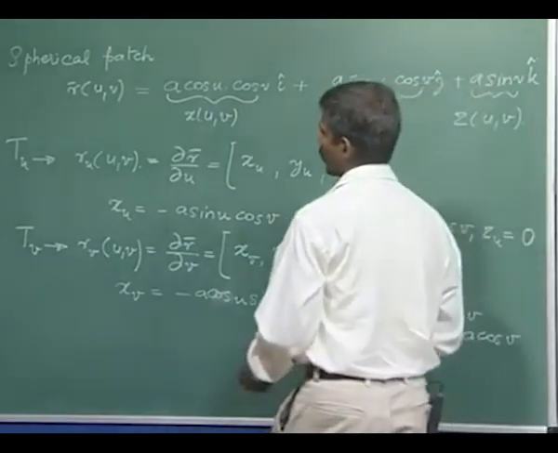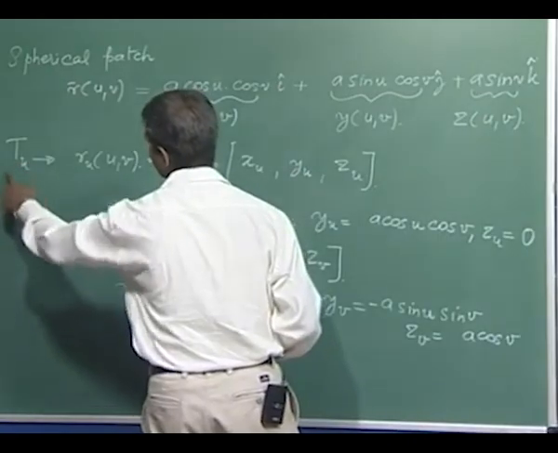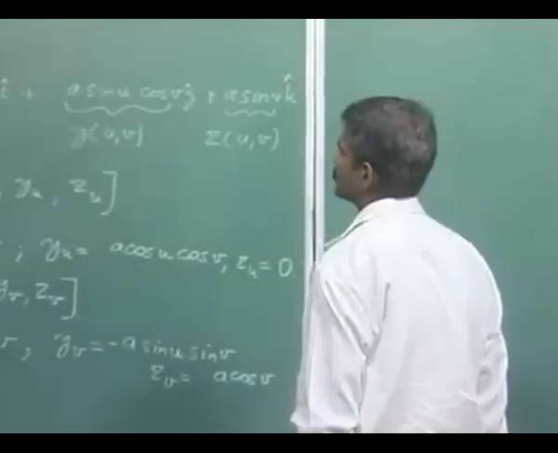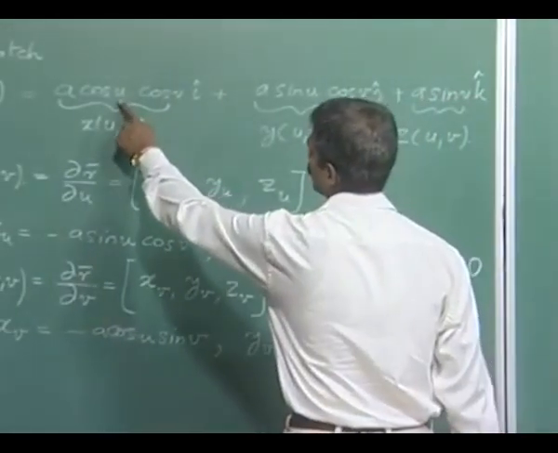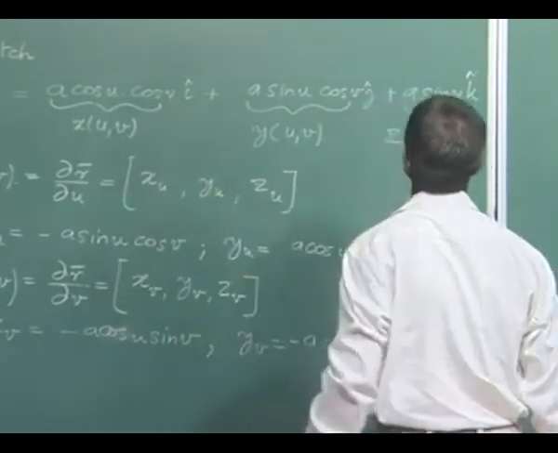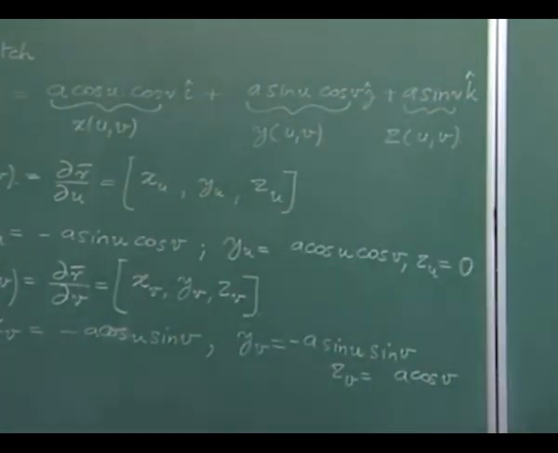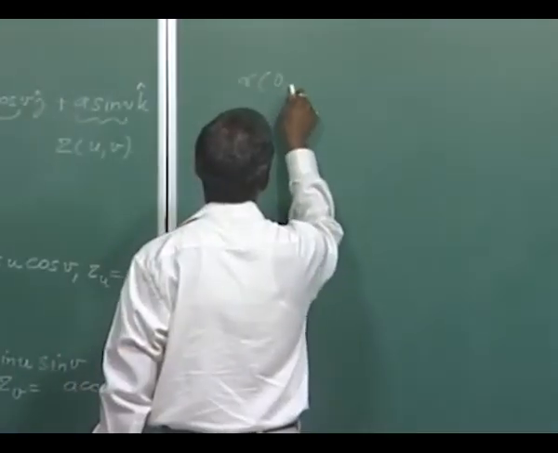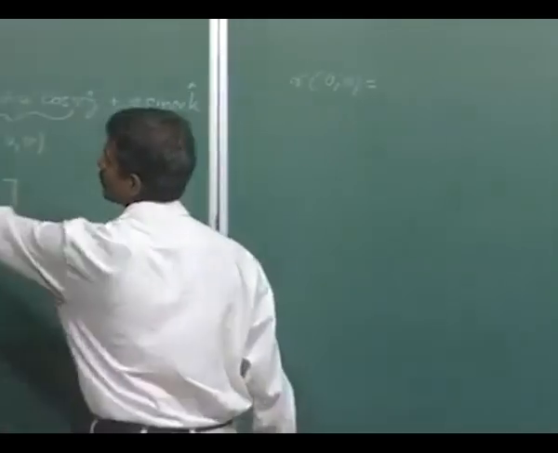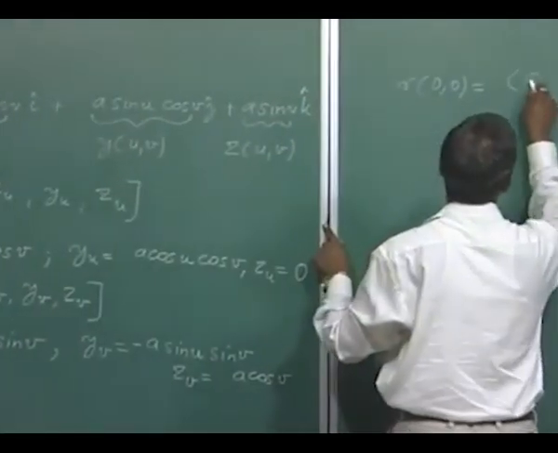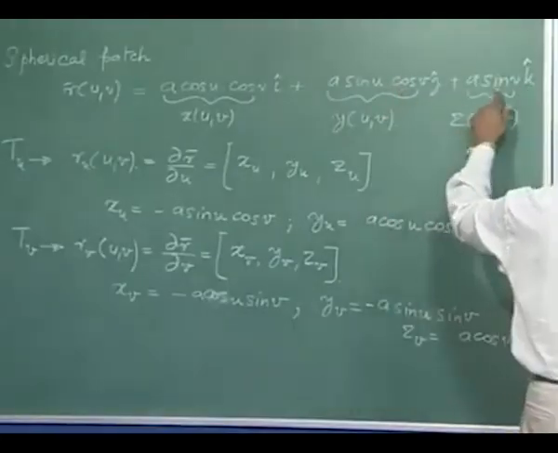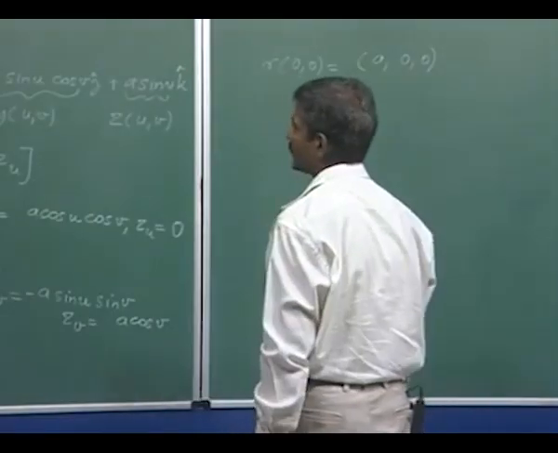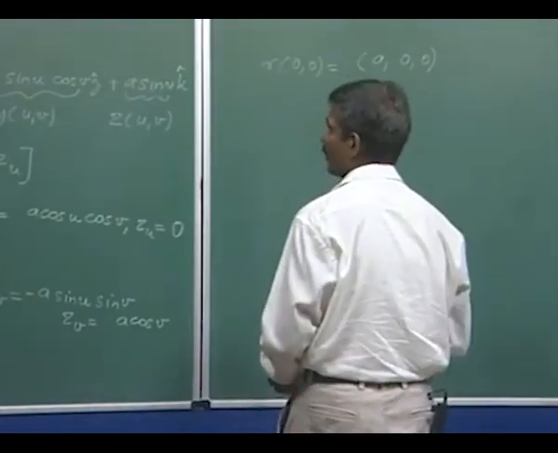So let's compute these two tangents at a point on the sphere. Let's say for u equals 0 and v equals 0, what do we have? So r for (0,0) equals a, this would be 0 and this would be 0. This is a very simple example. Let's continue with it.